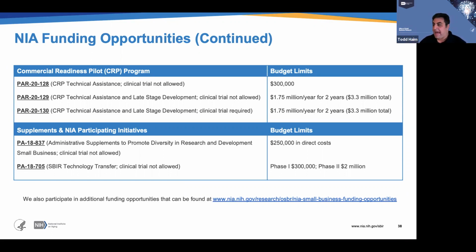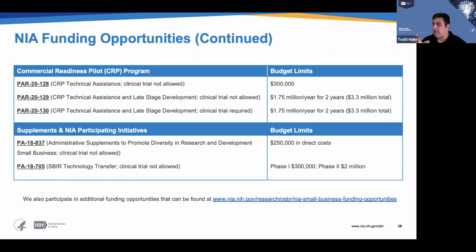It allows for costs that the NIH does not normally fund, like paying for regulatory consultants and intellectual property consultants, and all that document prep and filing, as well as actual research activities like your IND enabling, manufacturing and scale up, things that may not be innovative and thus don't do great standing alone as a research application, but really do fit the mission of the commercialization readiness pilot program.